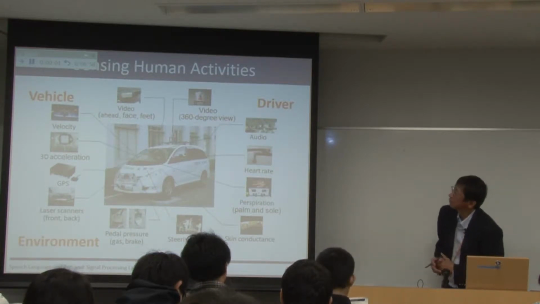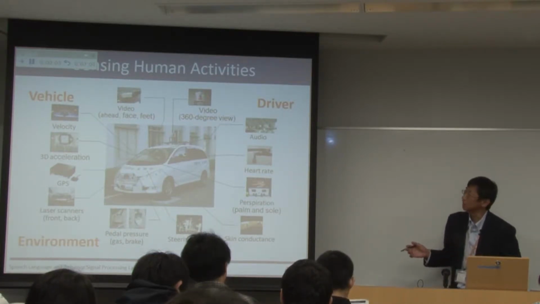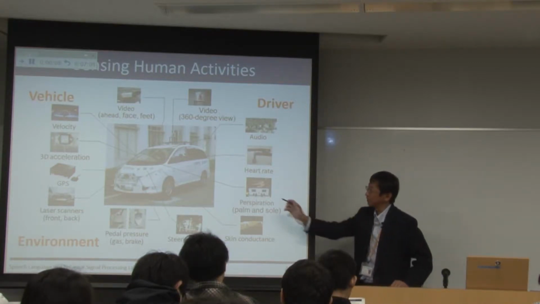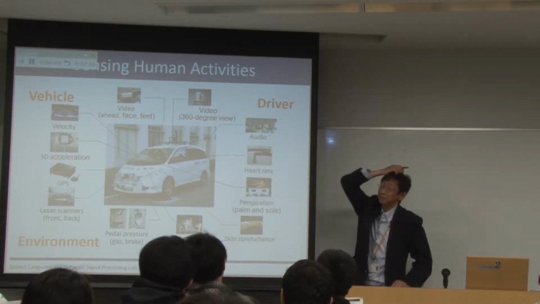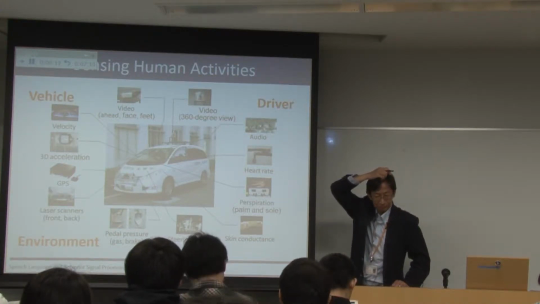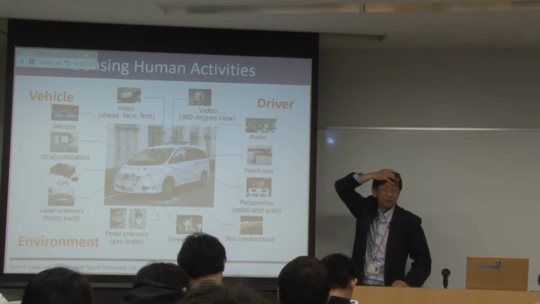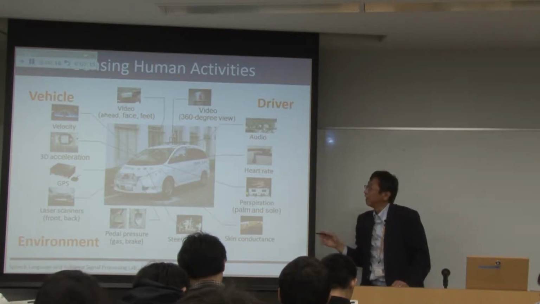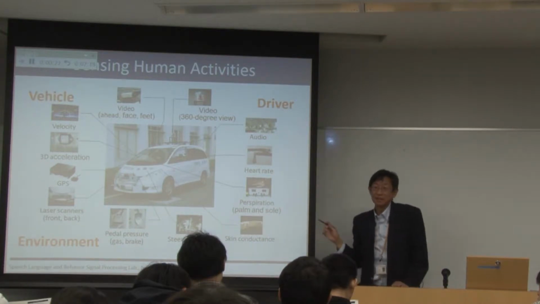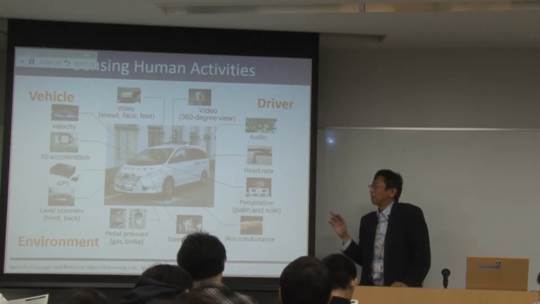This is an example of the signals associated with driving. We built this vehicle in, no, 2004, I guess. Yeah, 2004. It was equipped with a lot of sensing devices, which were state of the art at that moment.